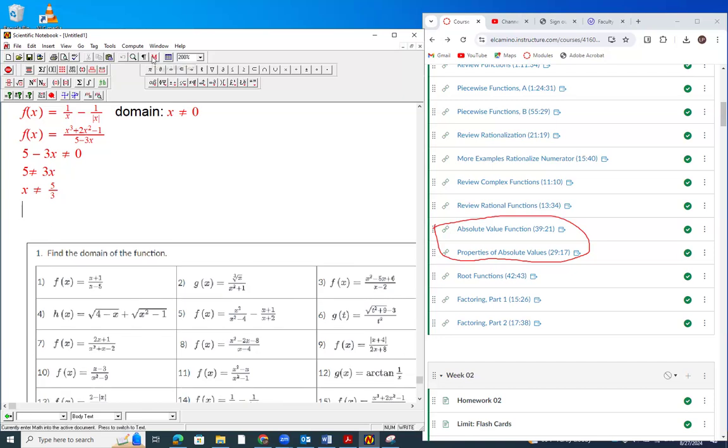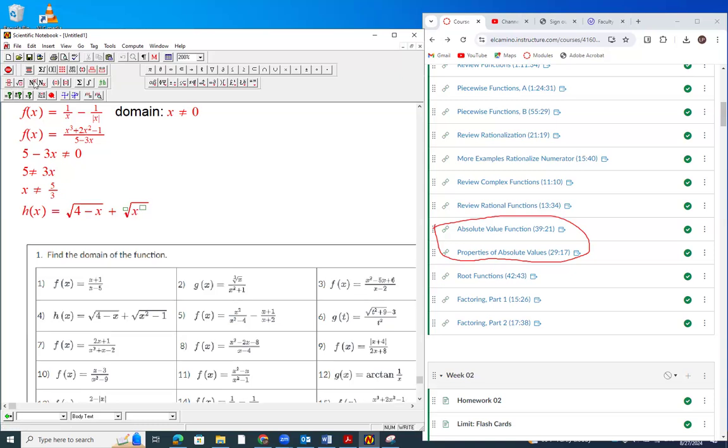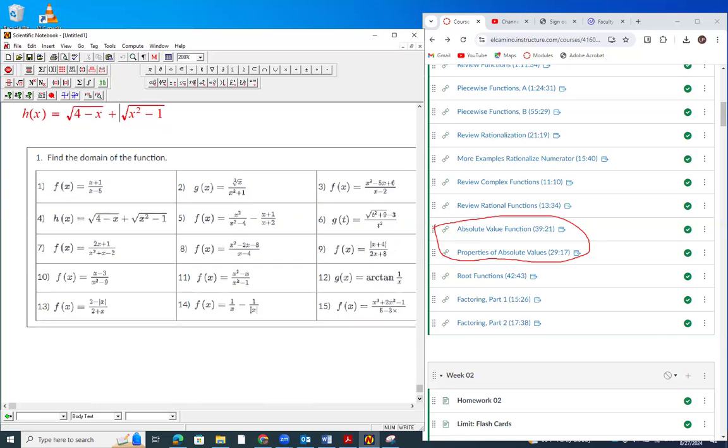Okay, so this one is h of x equals 4 minus x plus the square root of x squared minus 1. So that's the function that we need to find its domain.